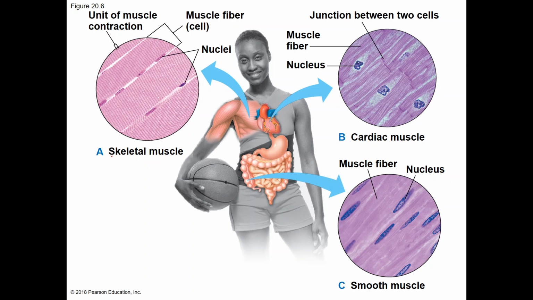So our muscle causes the voluntary movements that allow us to function. Cardiac muscle is the muscle that makes up the heart. So it's the muscle that actually involuntarily functions and pumps our blood. And then there's smooth muscle, which lines the walls of the internal organs and the intestines. So it also functions through involuntary muscle contraction.